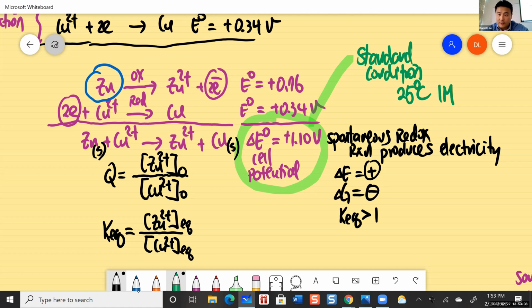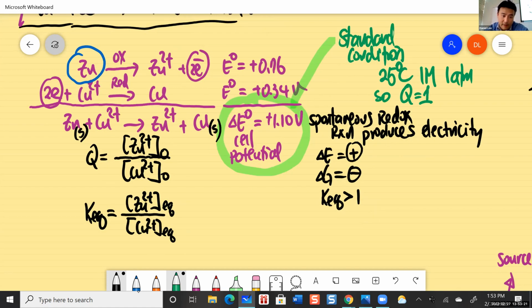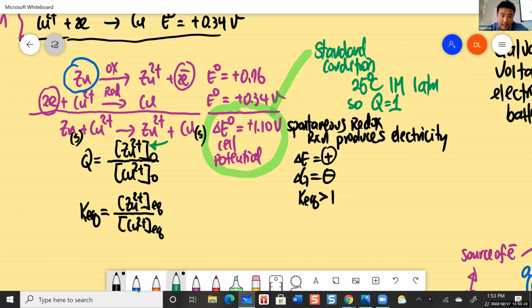Every single ion is 1 molar. All gases are 1 molar. So if everything is 1, Q must be 1. When you're at standard condition, Q is equal to 1 because if I plug in 1 molar for zinc and 1 molar for copper 2+, Q is equal to 1. That's what standard condition means.